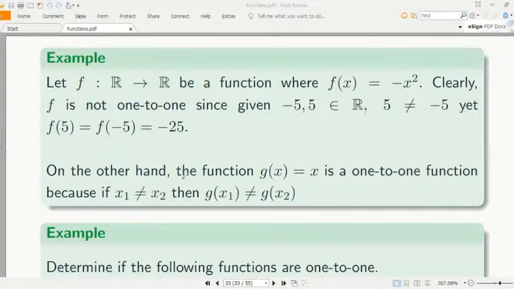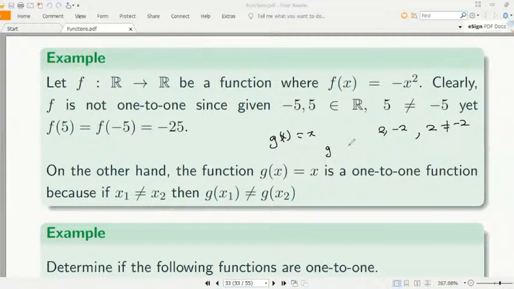What about this function? G of x, which is x. Is it a one-to-one function, or is it not? Let me pick a real number 2, and another real number -2. Clearly, 2 and -2 are not equal, they're different. Let me see their output.